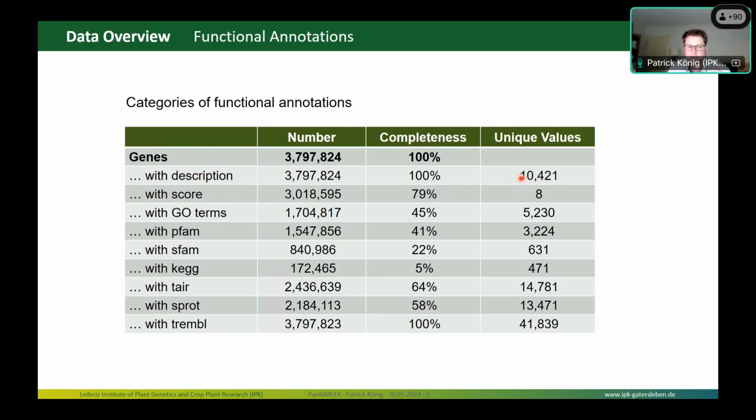That means, for example, we have a lot of functional annotations with the value unknown protein, and these are occurring very often, and this reduces at the end the number of unique values. And as you can see here, the highest amount of unique values is available with the TREMBL annotation. And if you are interested in the numbers, you can look them up later.